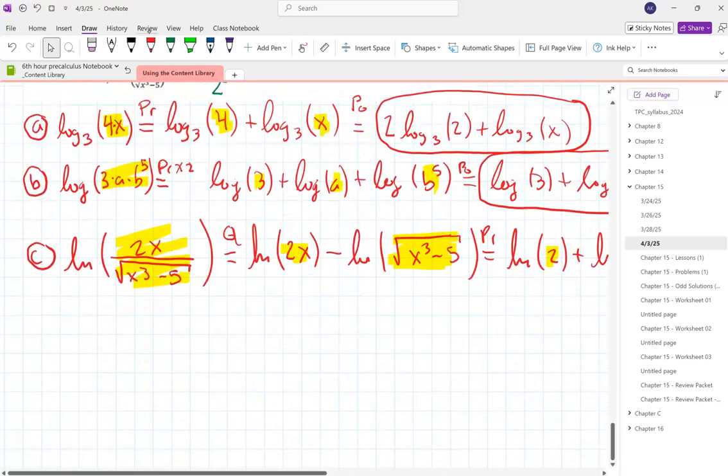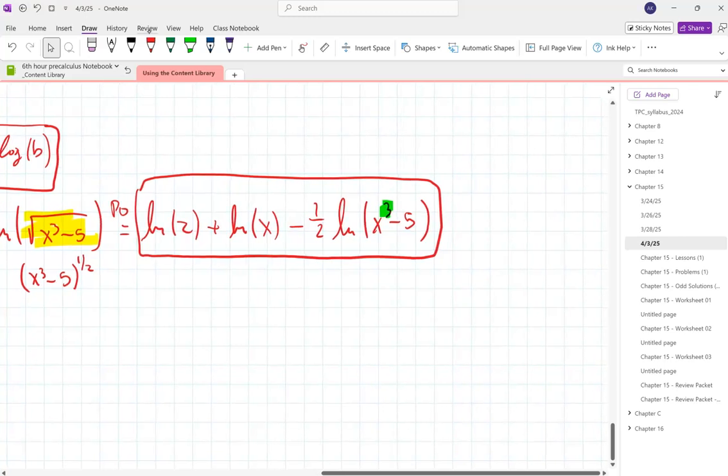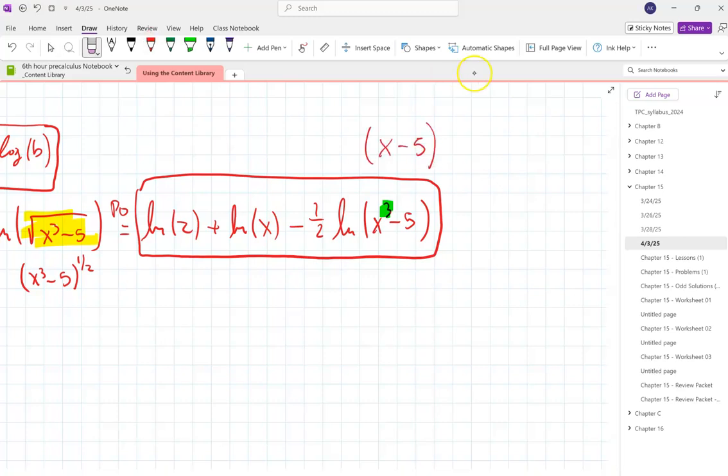Notice down here, that power of 3 is only attached to the x, not the minus 5. We cannot do a power property on this. If it was instead x minus 5, to the third, you could do a power property with that, but not with x to the third minus 5. Do you guys see the difference?